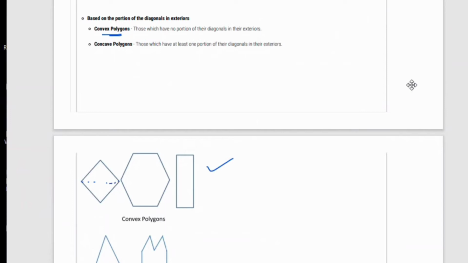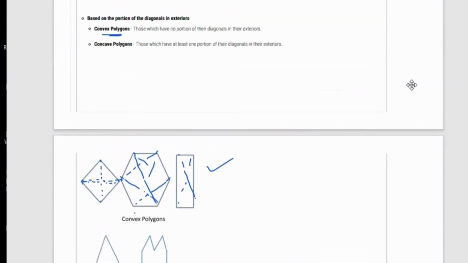A diagonal is nothing but a line joining two non-consecutive vertices. These two are consecutive, meaning continuous vertices. These two are non-consecutive vertices. If all diagonals are in the interior of the polygon, as in this diagram, we say those are convex polygons. All diagonals, two or more, will be in the interior of the polygon.